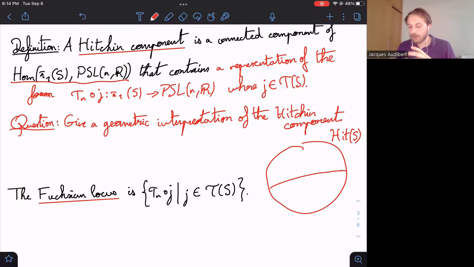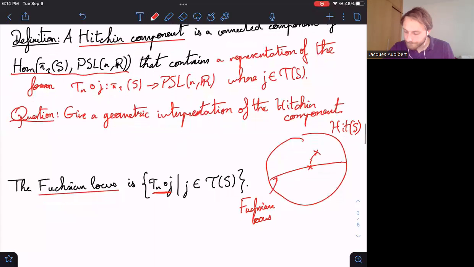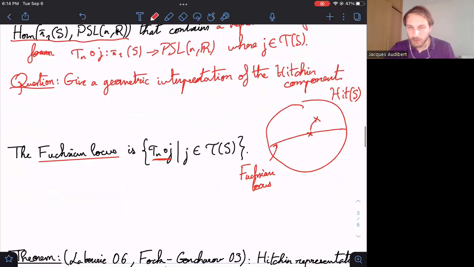So you can start with a representation like this and deform it. If you start with a representation like this, you're on the Fuchsian locus, and then you can start deforming it. To be clear, I will always draw this line to say the Fuchsian locus. Okay, and then you deform, and here you have a nice representation, which is not in the Fuchsian locus.